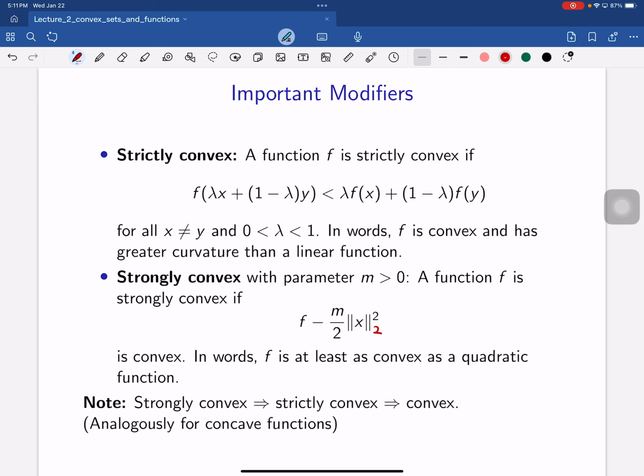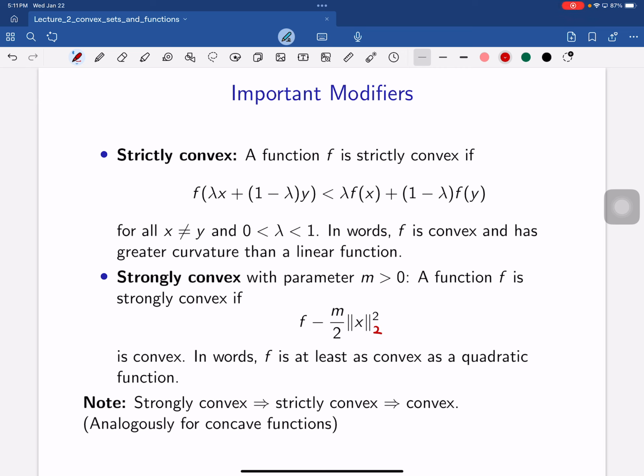So that means if you deduct a quadratic function from that function, it is still convex, right? So in words, a strongly convex function is at least more curved than a quadratic function.